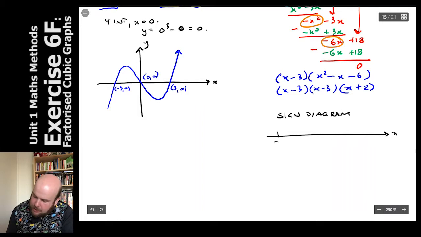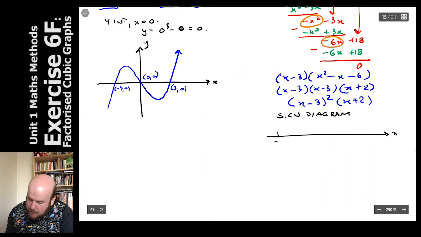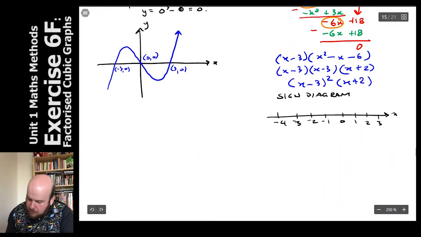I wonder if you noticed it too. I've got two brackets that are identical. So this is an x minus 3 squared, x plus 2 graph. We'll have a lovely different shape. So that's going to be negative 4, negative 3, negative 2, negative 1, 0, 1, 2, 3.